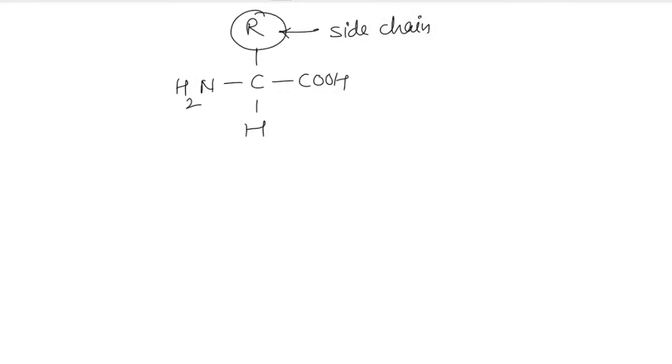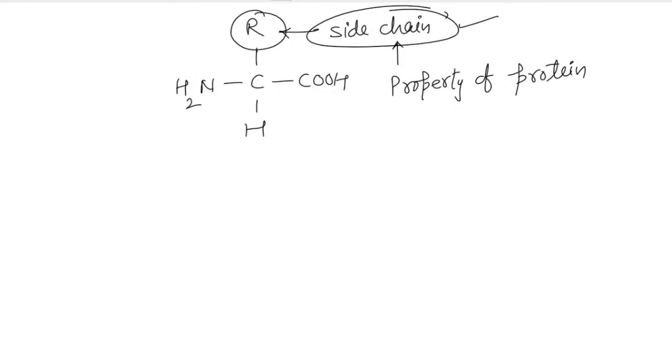So as this side chain changes, properties of the protein change, means property of the protein depends on or is determined by this side chain. Property of this protein depends on साइड चेन. ओके, किस पे डिपेंड करता है? इस साइड चेन पे डिपेंड करती है प्रॉपर्टीज. ठीक है.